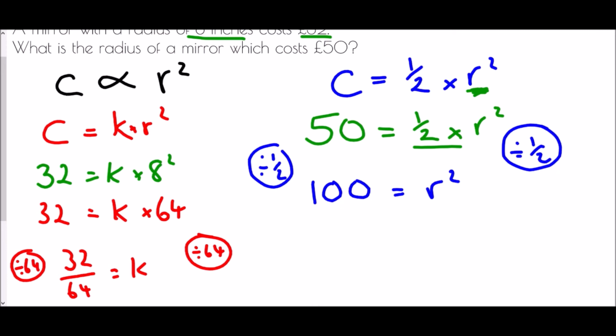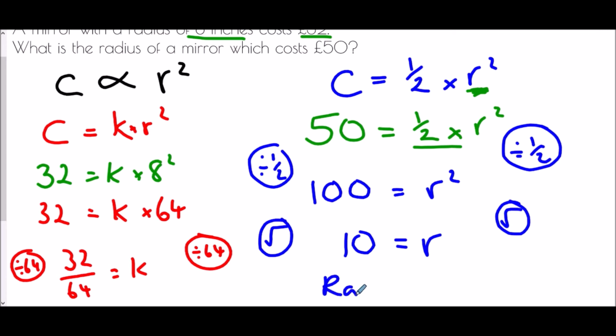And we want to find out what the radius must be. And therefore, I'm going to have to square root both sides. The square root of 100 is 10. And therefore that is what the radius must be. The radius must be 10 inches.